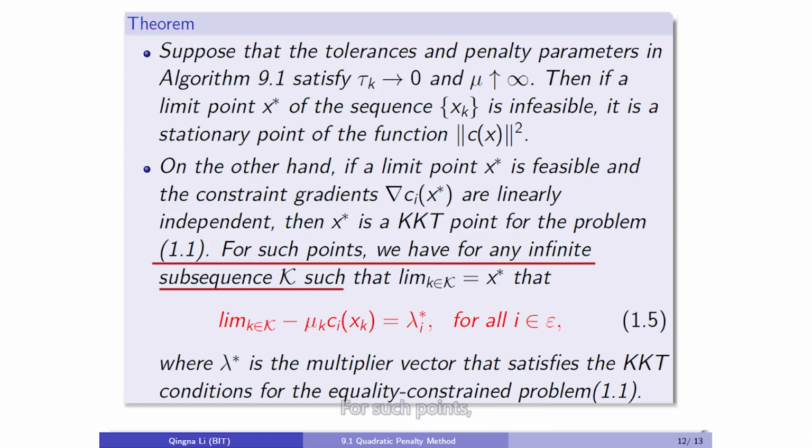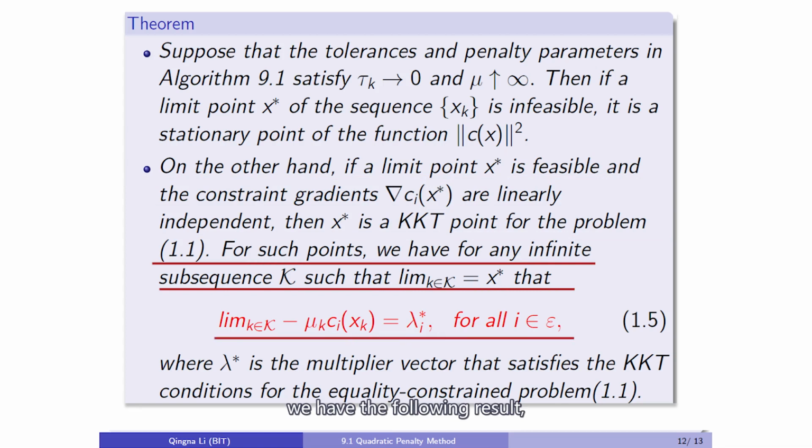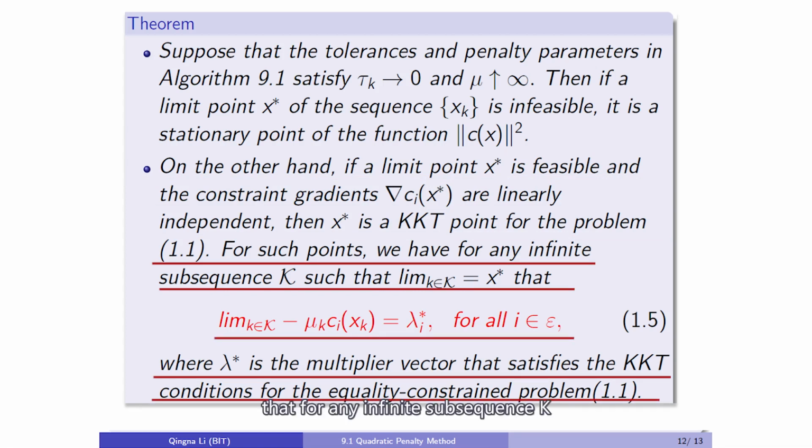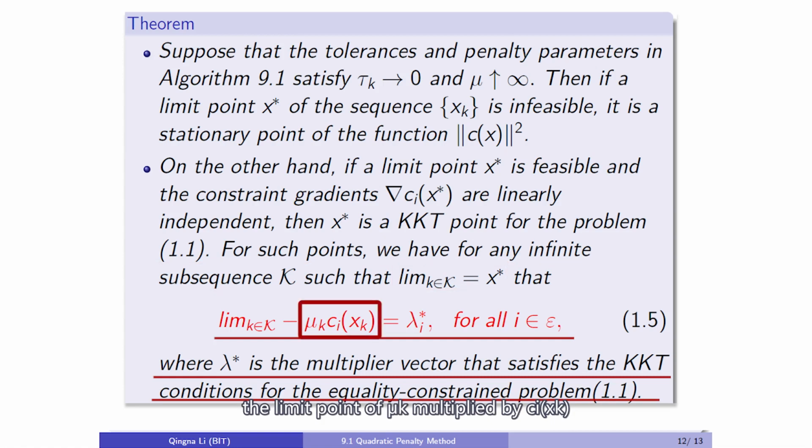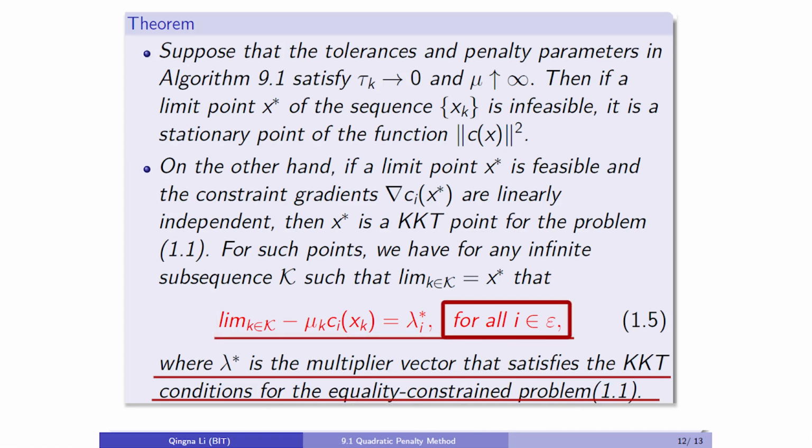For such a point, we have the following result: for any infinite subsequence indexed by k in the set K where x_k tends to x*, the limit of mu_k multiplied by c_i(x_k) will be the Lagrange multiplier lambda_i* for all i in the equality constraints part.